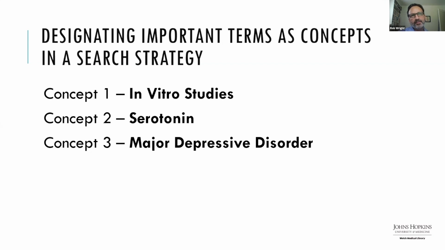And I number them, as I'll demonstrate later. It's a handy way to have a shorthand for the concepts, and then indicate how you're going to combine them in your search strategy. So this is the first step, designating the main ideas from your research question and making them the components of your search.